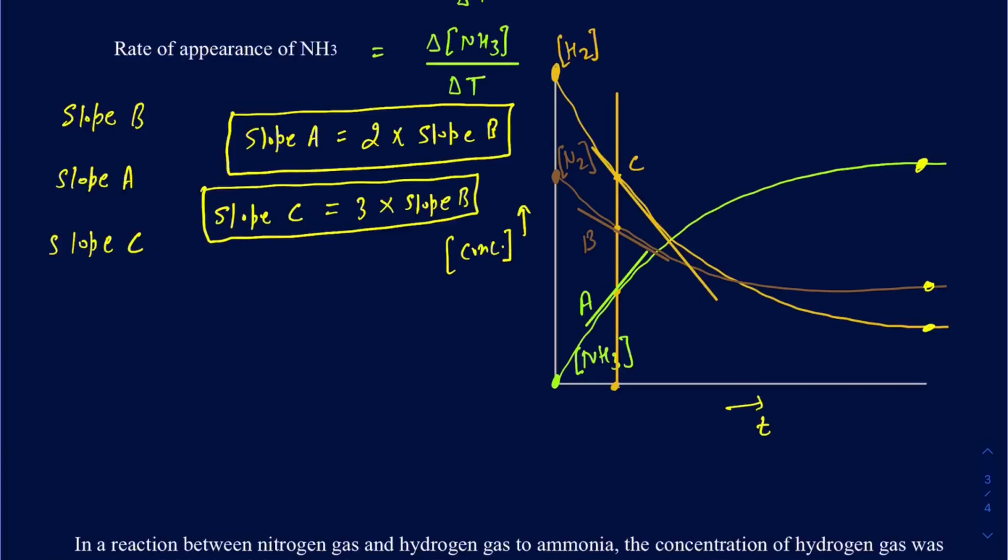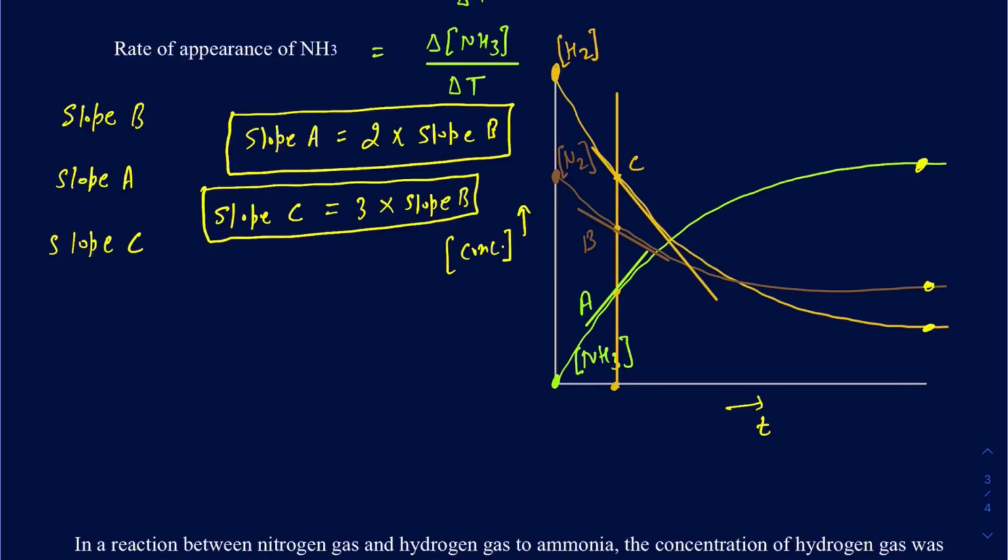Well, yes, it is a positive slope because you're making something, and a negative slope because you're losing something, but I'm just talking about the magnitude of the loss and the formation. So when I'm comparing the magnitude of the slope of A and the slope of B, A is going to be twice as big in magnitude as the slope of B.